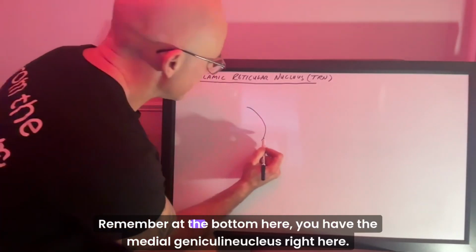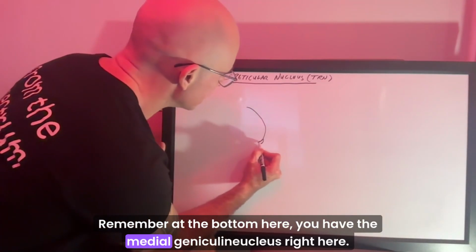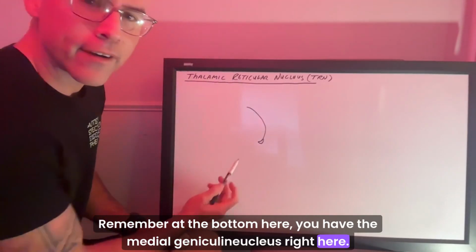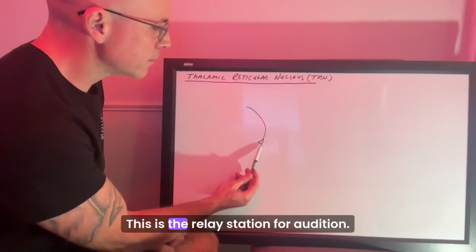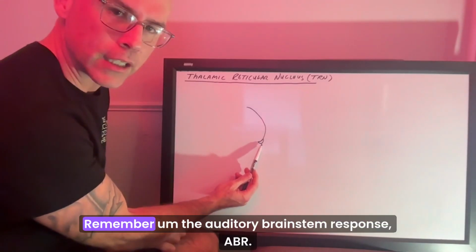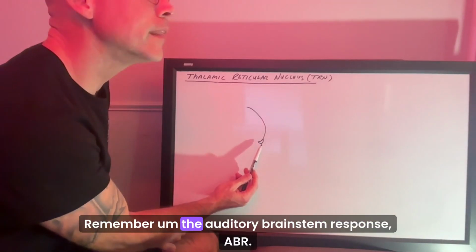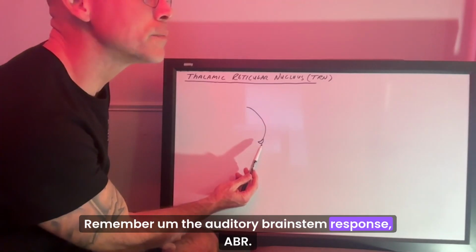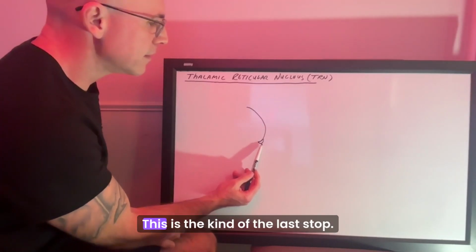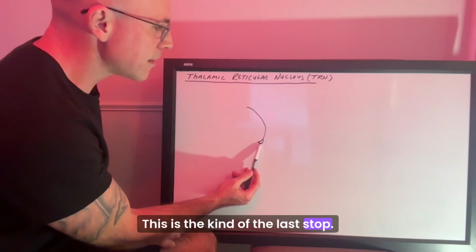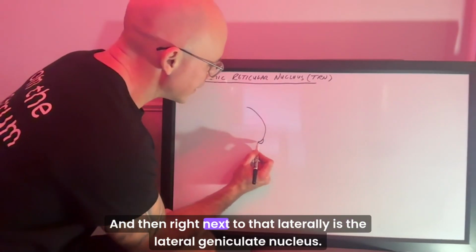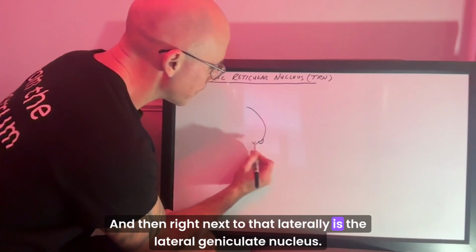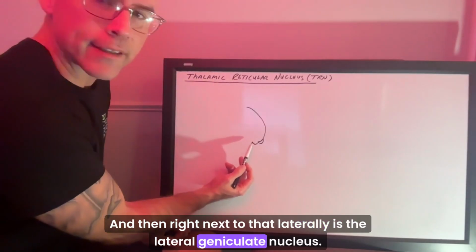Remember, at the bottom here, you have the medial geniculate nucleus right here. Remember the auditory. This is the relay station for audition. Remember the auditory brainstem response, ABR. This is the last stop. This is where all relay for the auditory happens. And then right next to that, laterally, is the lateral geniculate nucleus.